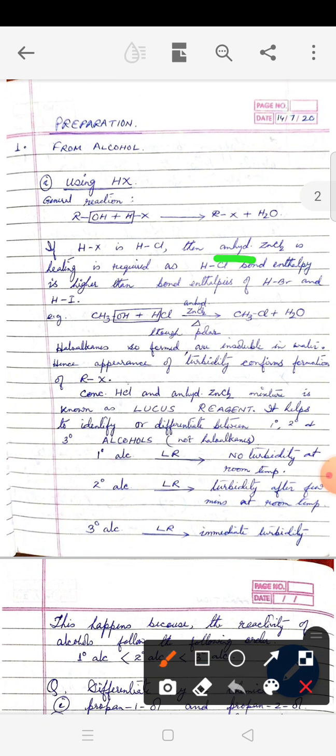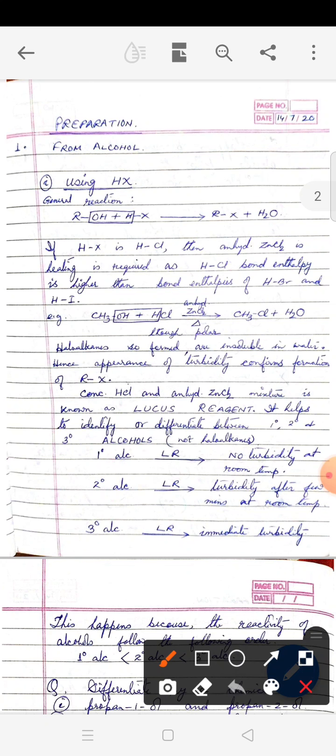Okay, anhydrous. I have not written the full form of anhydrous. As you know, zinc chloride has a tendency to absorb water. That kind of zinc chloride will not do. You have to choose the zinc chloride which is purely dry, with no water of crystallization and which has not absorbed any water. So you need zinc chloride and HCl together to carry out the reaction.